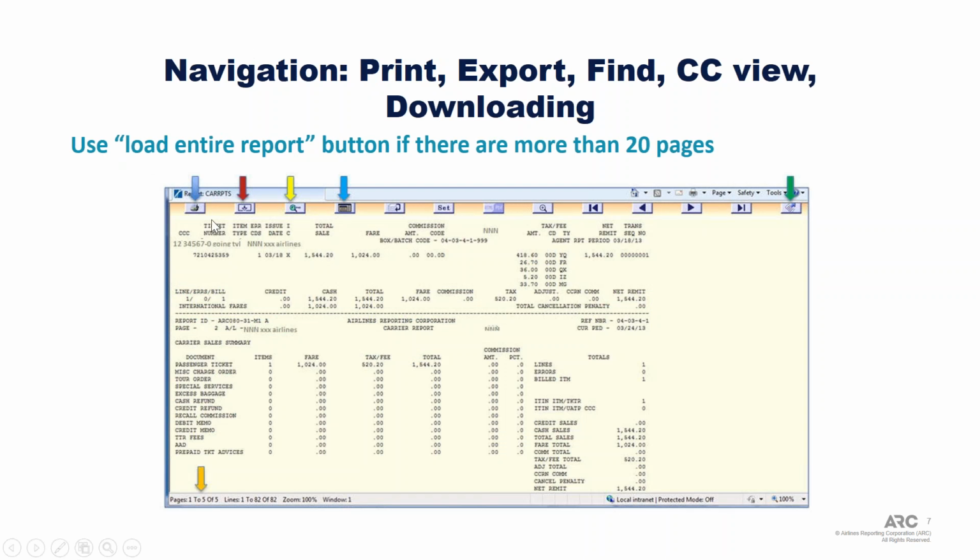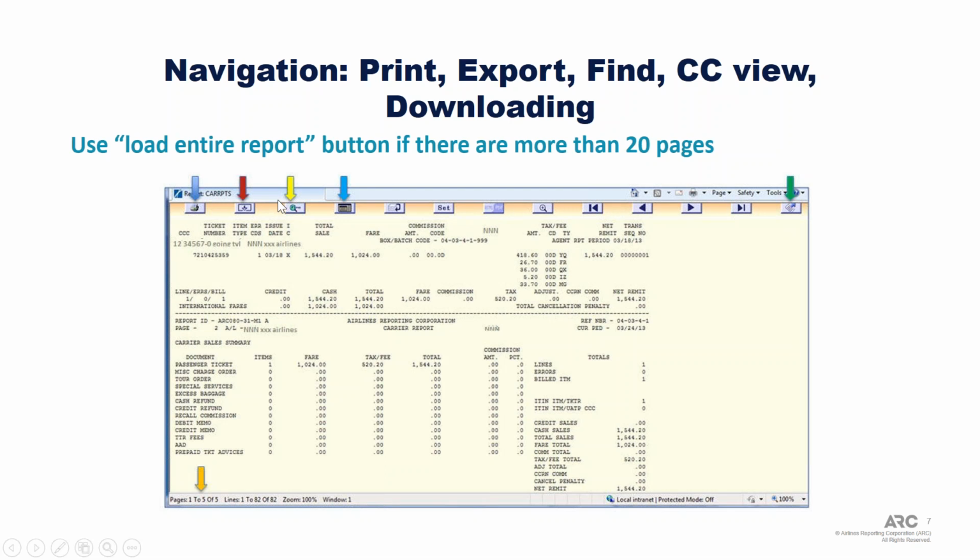From here is where you will print, export, find, and download the report. Keep in mind that every time you open the report, it's important that you download the entire report. The reports are defaulted to the first 20 pages, so if you do not download the entire report, you'll miss all of the data. And then it would result in you requesting a recreate.